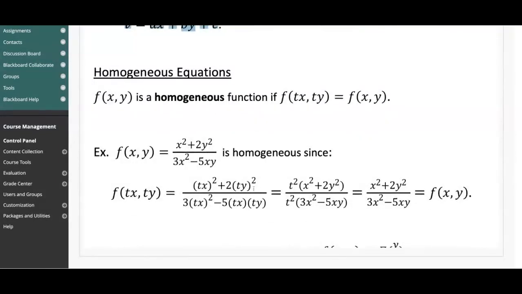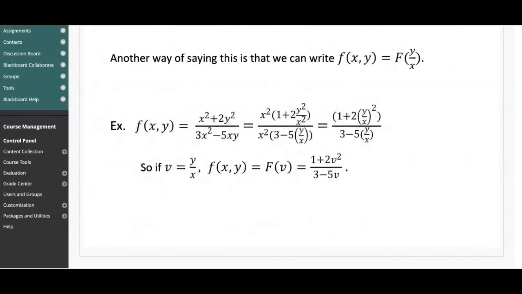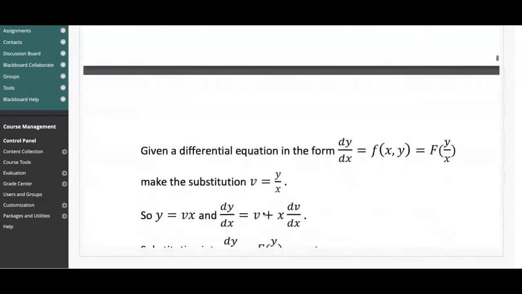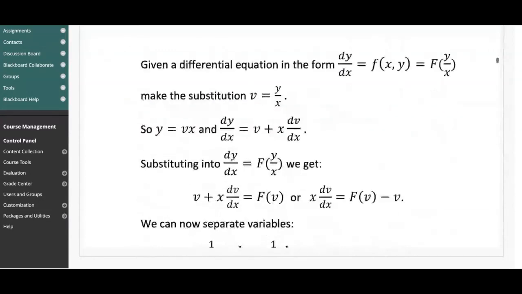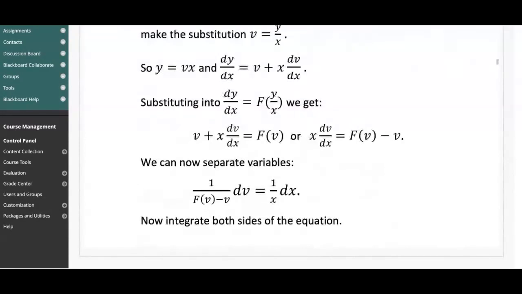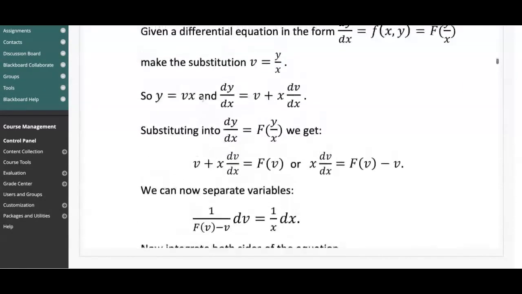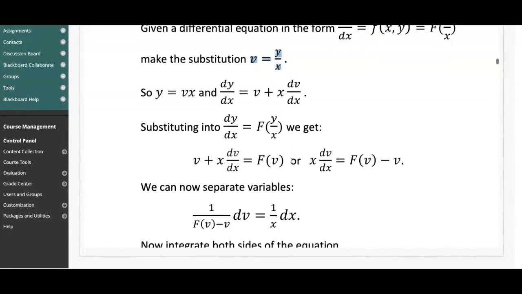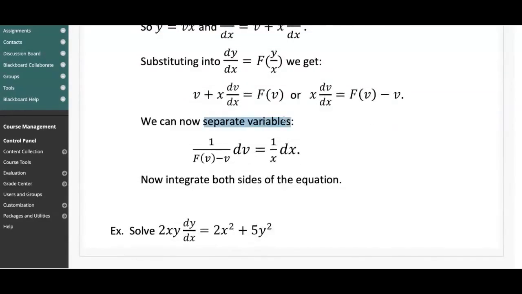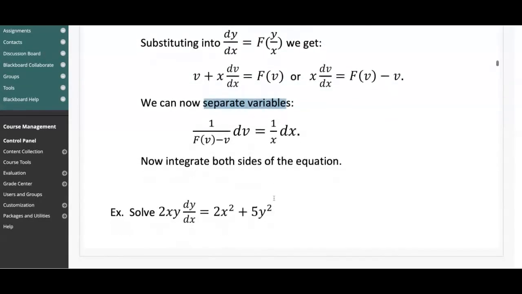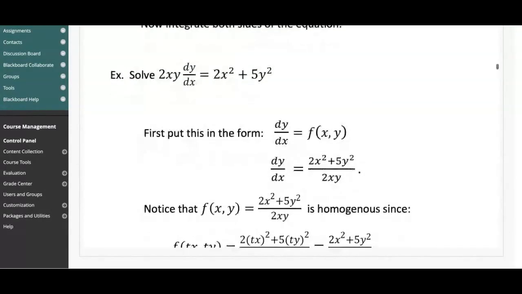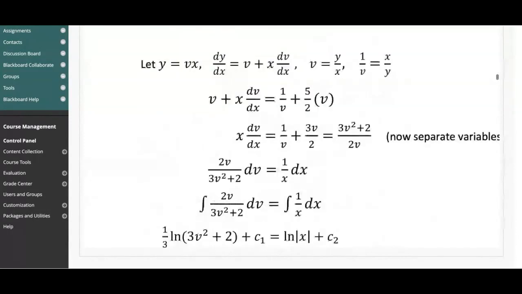And for homogeneous functions, we use a variable to represent the ratio of the two variables. We make a substitution: a variable equals the ratio of the two variables. Then make a separable variables equation. Then we solve from there. These examples.